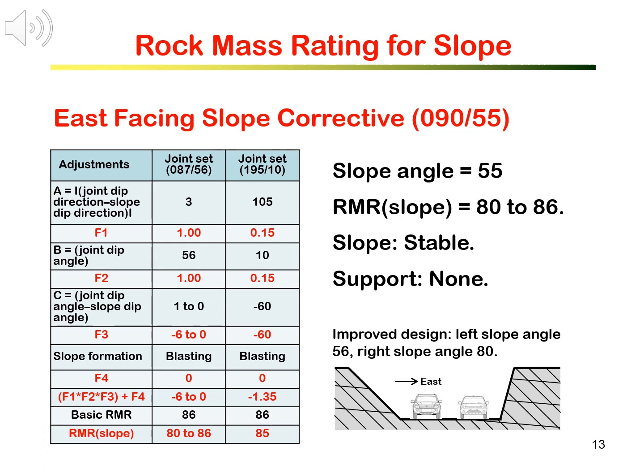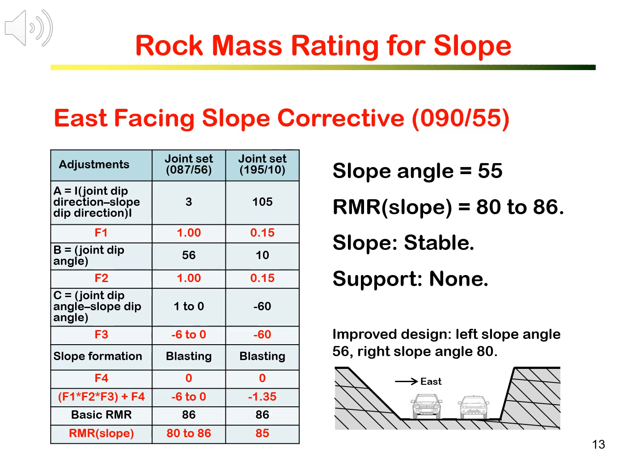The table on the left is to reassess the east-facing slope with reduced slope angle of 55 degrees. What do we get from the analysis? IMR slope now is 80 to 86. The slope is stable and we do not need support. What a difference from the initial design.